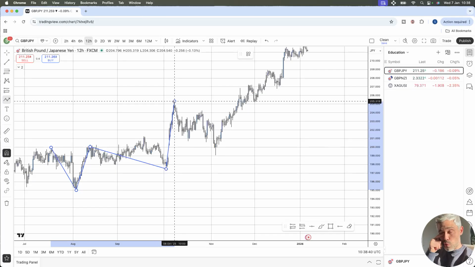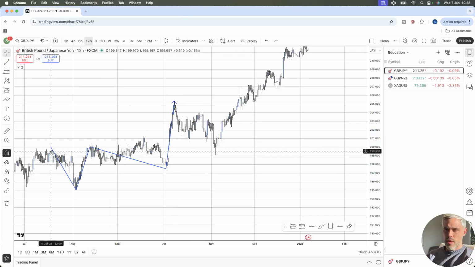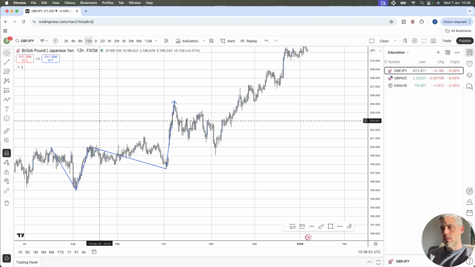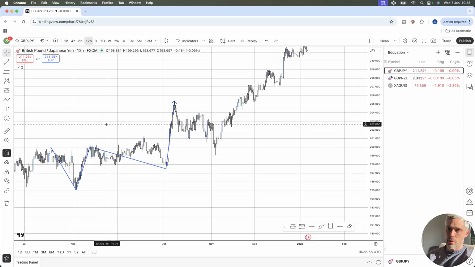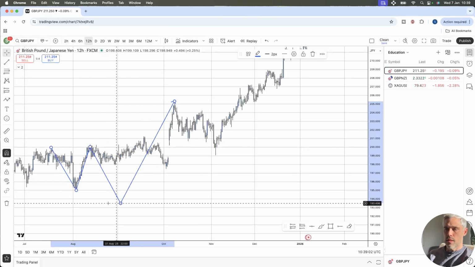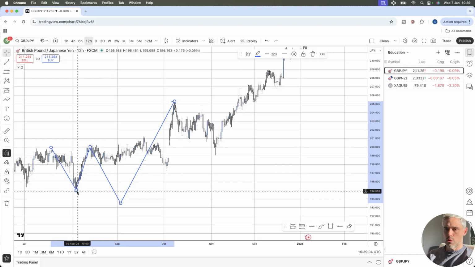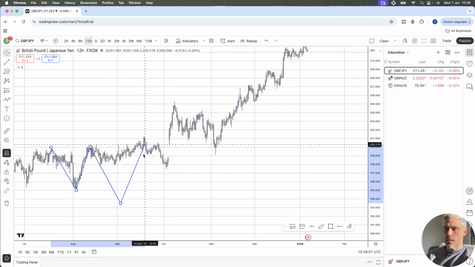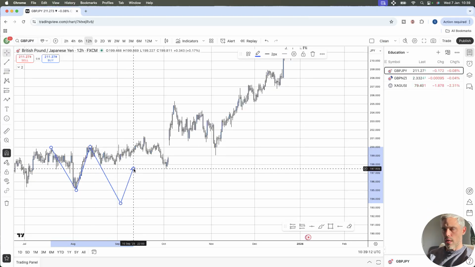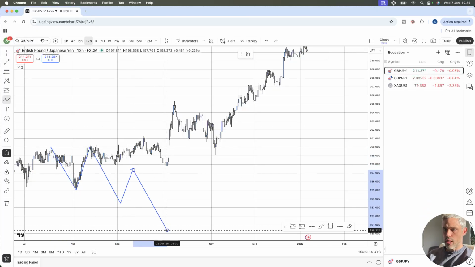So the traditional way of mapping structure would be to use some sort of rule like that, or maybe a pip pullback rule whereby price needs to move back by a certain number of pips before it's then traded through to determine a break in market structure, to say, okay, we think there's going to be a continuation in the same direction. Or equally, if you get a break below a structural point, we might want to say, okay, this is now going to be a level of support, which price will trade into before trading lower.